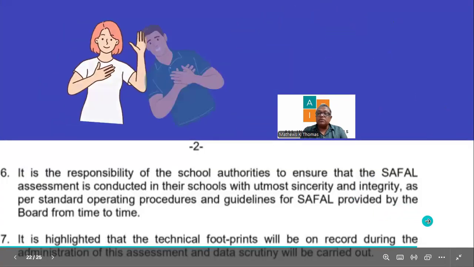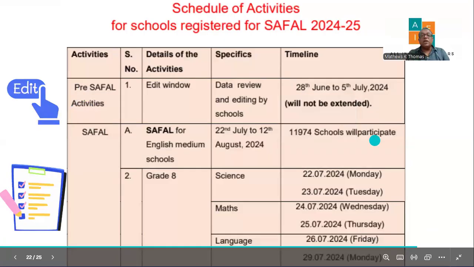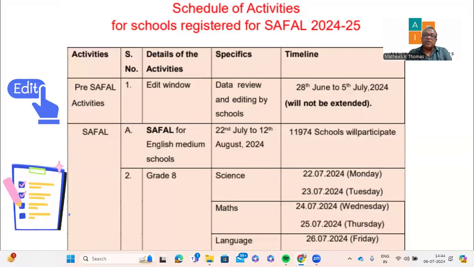And obviously, this is going to be an exam which is conducted online for every school on the same days. So the dates where you need to edit your student data, suppose you are sending your students for the SAFAL exam, all the data has to be entered, your students' names and the class and so on. And the students who are presently in class 9 will be giving this exam for class 8, because this exam is for 3, 5 and 8.